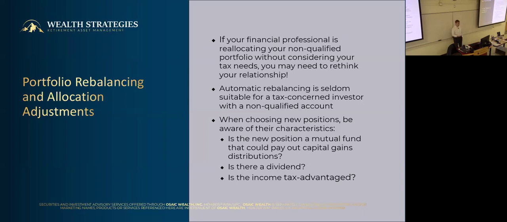You might want to think about that relationship, because it's not about the fact that he generated gains. It's not about the rebalancing. It's about the communication about your situation that you're looking for. You don't want to be in a situation where you're really tax sensitive, your financial professional completely ignores that and then distributes tons of capital gains, and you don't have any money to pay for it, and there's no communication there.